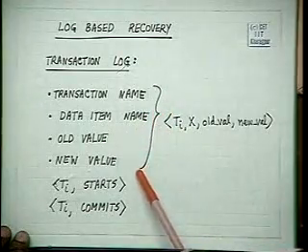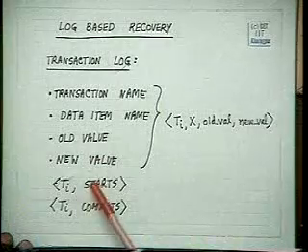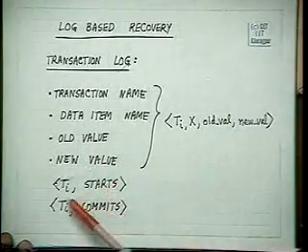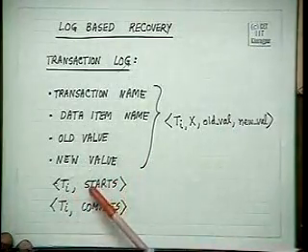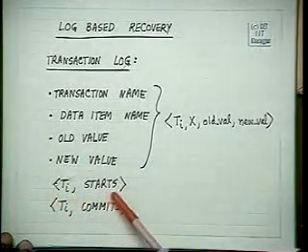For the time being, let us assume that in the simplest case the log is maintained in stable storage, and the simplest log consists of three statements. One is <Ti starts>, which indicates when the transaction is just prior to beginning of its execution.